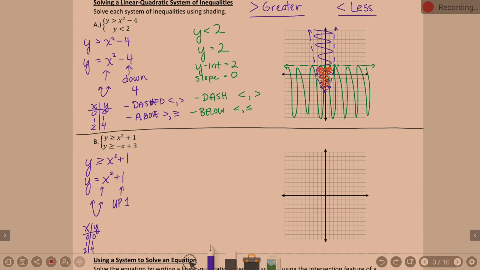So I'm going to take my vertex and go up 1. From there, complete your parabola shape: over 1, up 1 in both directions, and over 2, up 4 in both directions.